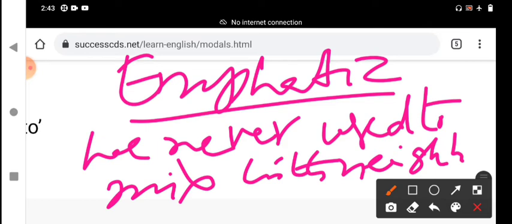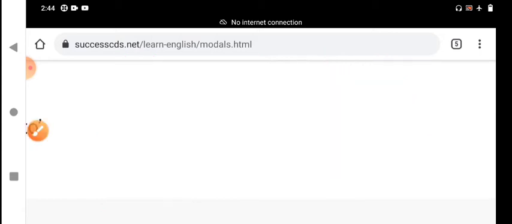We never had the habit of contact with our neighbors, to discuss or follow up with them. We were living individually, isolated, separately. That is the meaning of we never used to mix with the neighbors. That is one of the emphatic usages of used to.